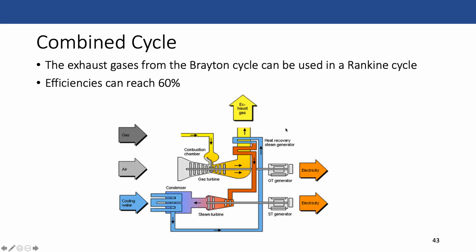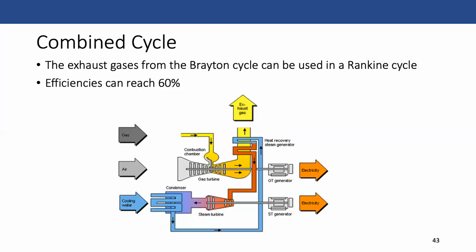So when we think about efficiencies, I lose a whole bunch of energy to heat coming out of the gas turbine. Well, now let's try and recover some of that heat and send it through a steam turbine. So you use those hot gases to heat water up to steam, send it through the steam turbine, and then cool it down. And so in this case, we can take advantage of the heat in gas turbines and combine it.